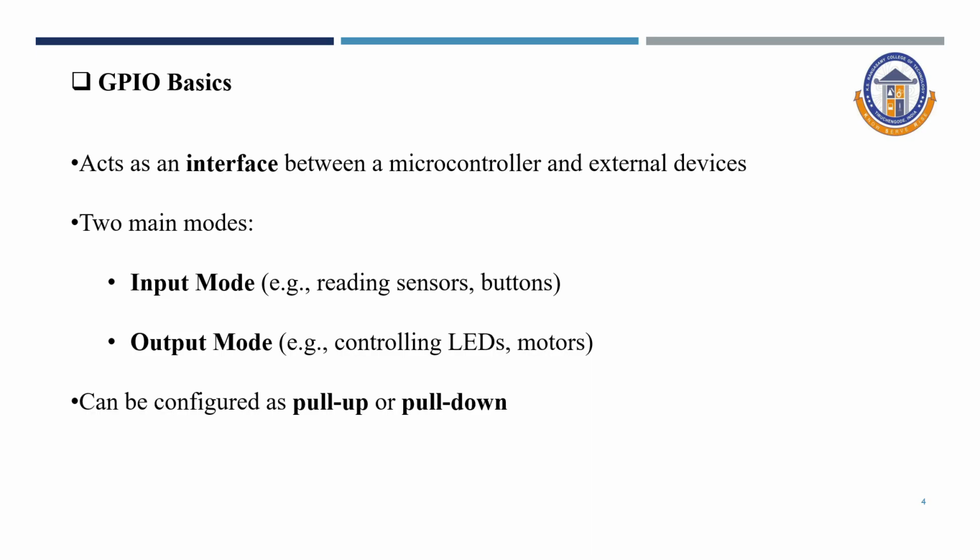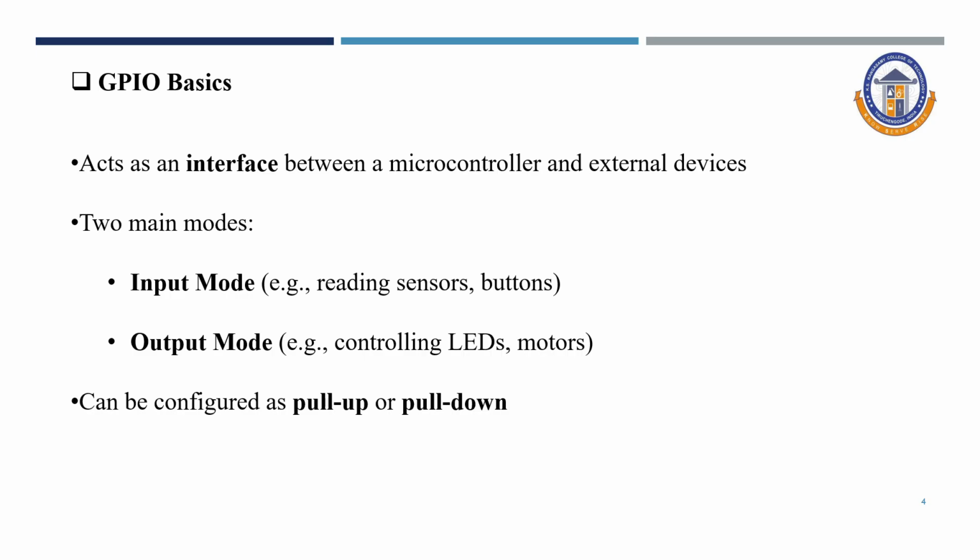For example, you have a washing machine or a microwave oven. We need some push buttons to control or adjust the temperature or something, right? These buttons and sensor information are given to the microcontroller. At that time, we configure that particular port pin as input mode.